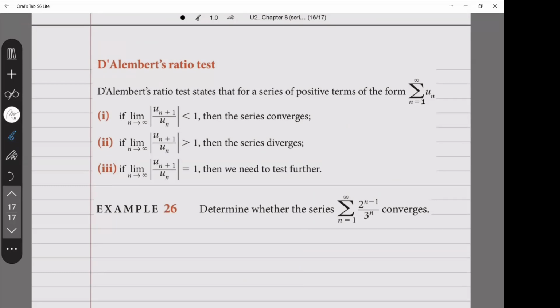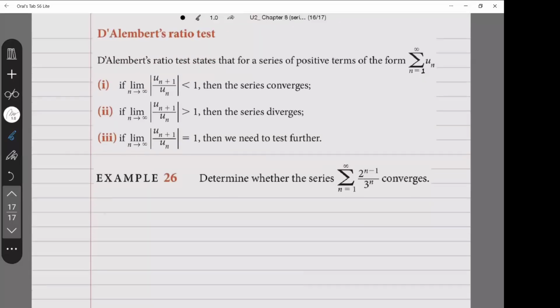So in example 26, we have a series that is of this form. And what we want to know is if this series converges. So let's find out using D'Alembert's ratio test.